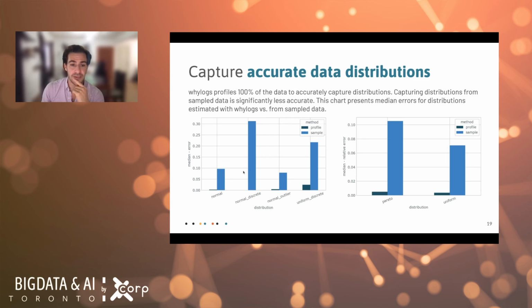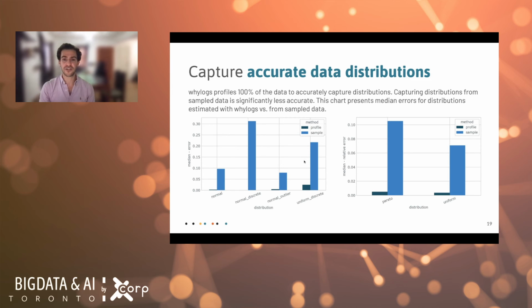So in some cases, there's a near zero error if we choose to profile data versus a very, very high error if we sample. In other situations, the profile might not be able to adequately capture all of the information in the data set, in which case it might introduce some error, but still significantly less error than if we're using sampling. And this is the case for a number of different distributions.